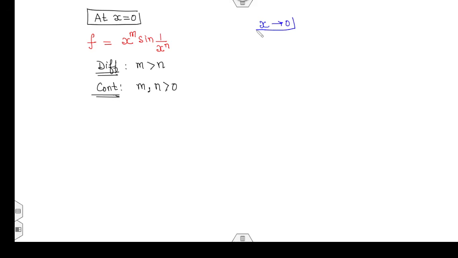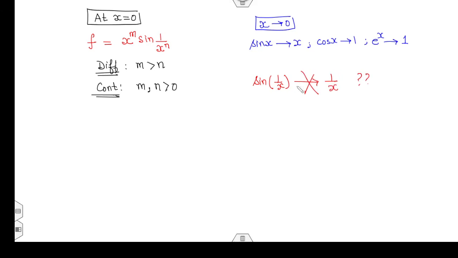Whenever x approaches 0, you can replace sin x with x, cos x with 1, and e raised to power x with 1. However, if you have the function sine 1 over x, can you replace it with 1 over x? The answer is no, because whenever x approaches 0, 1 over x does not go to 0.